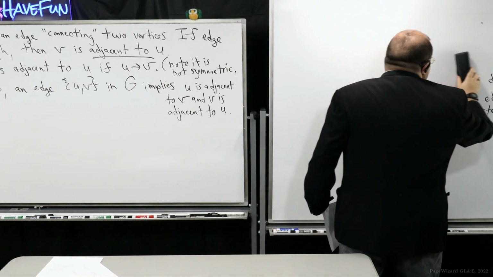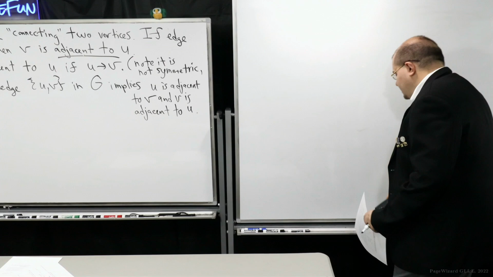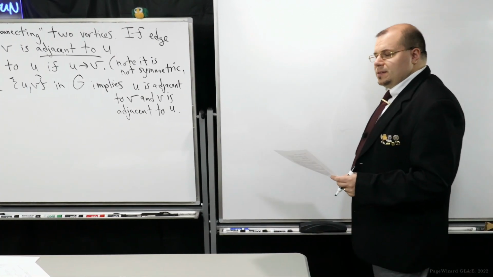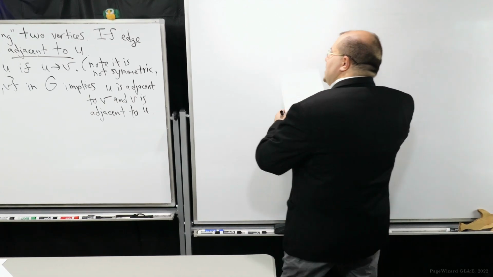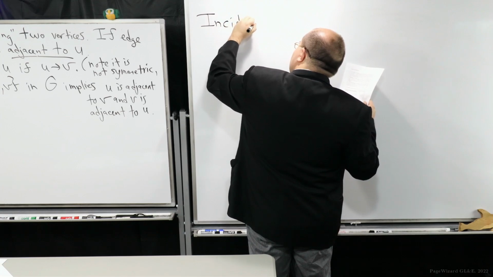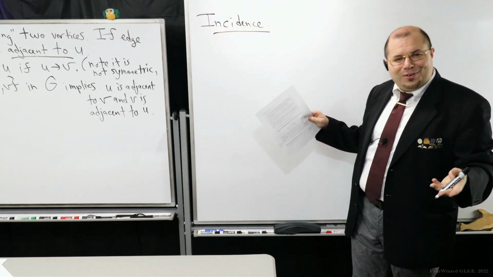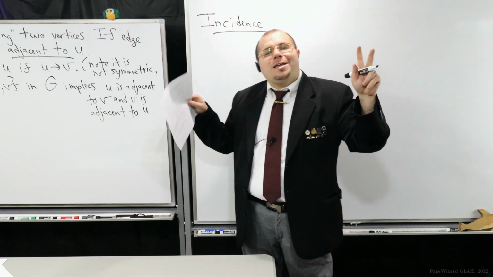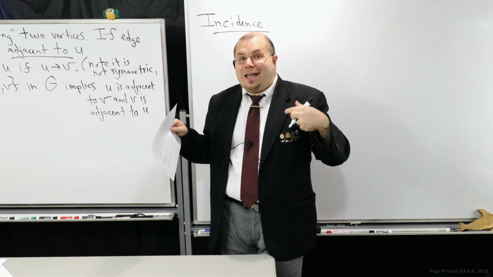So let's talk about incidence. So you know how in the adjacency we talked about vertices, right? We talked about vertices, those that are our neighbors. You can think of them as our neighbors that we can be, they're connected by some edge to us.